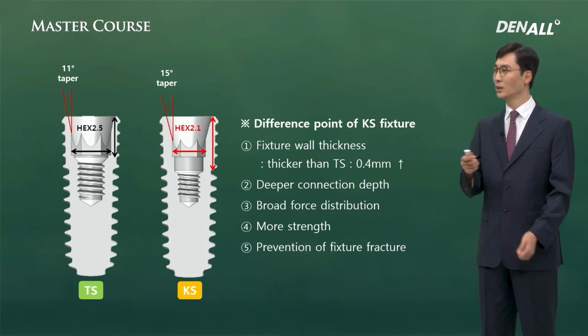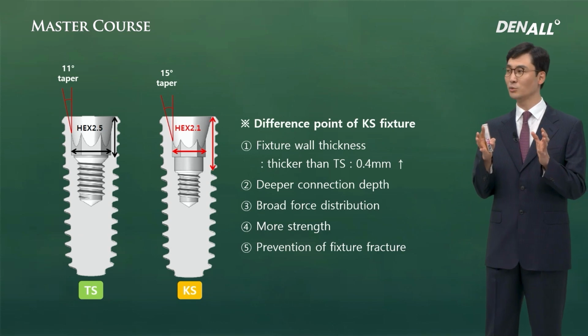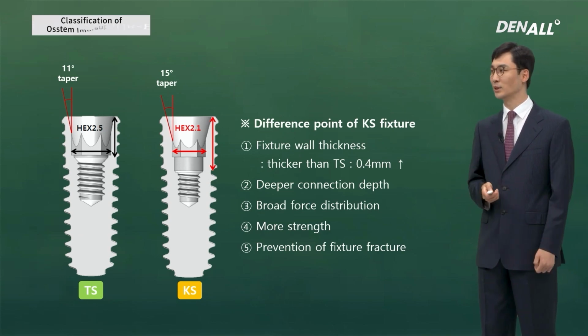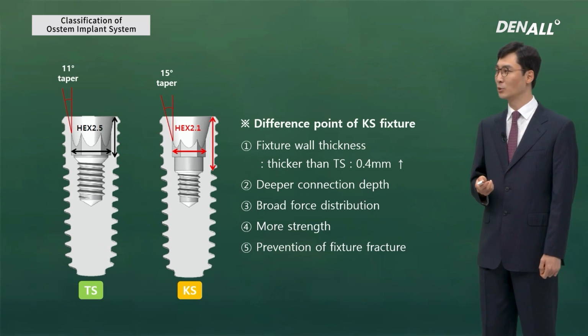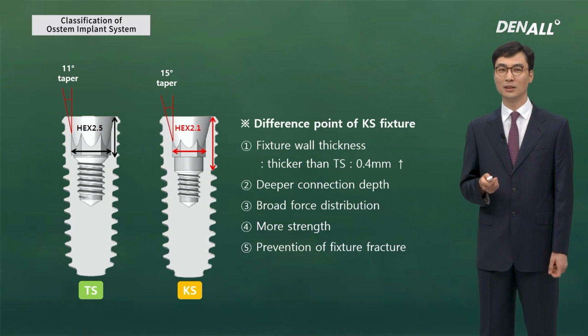Compared to TS, the connection is deeper and the hex size is smaller, and the conical taper is bigger, making the side wall thicker. So the structure is stronger, preventing implant fractures.